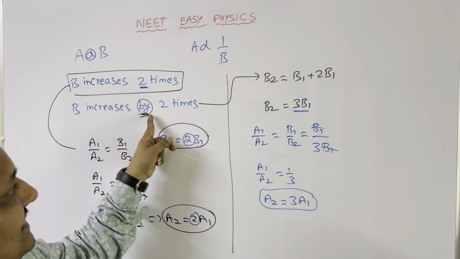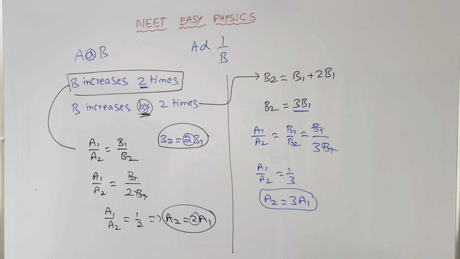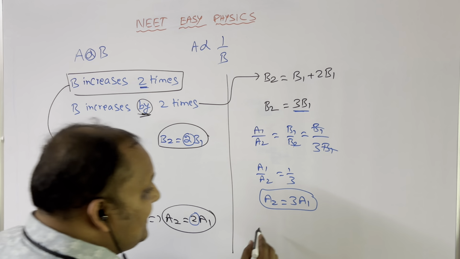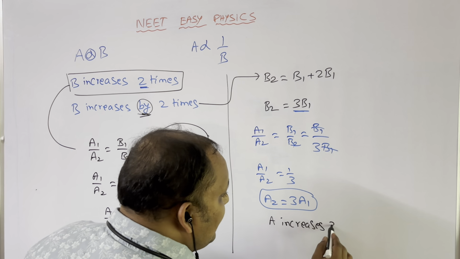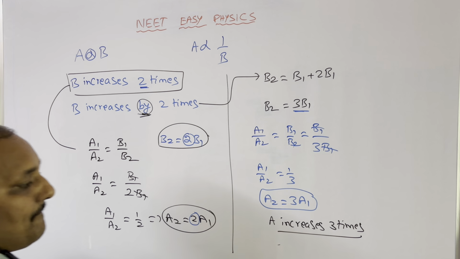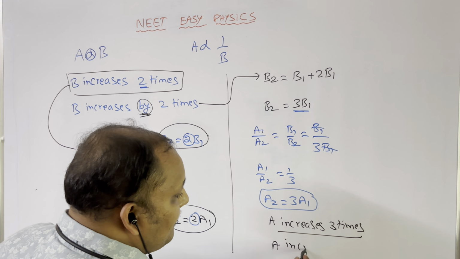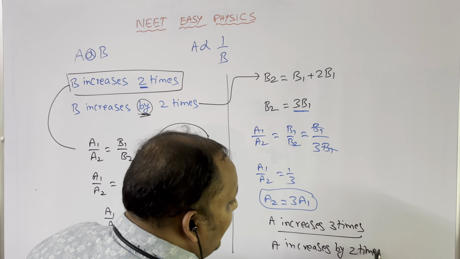Whenever B increases by 2 times, now A is going to increase 3 times. A increases 3 times means A also increases by 2 times.